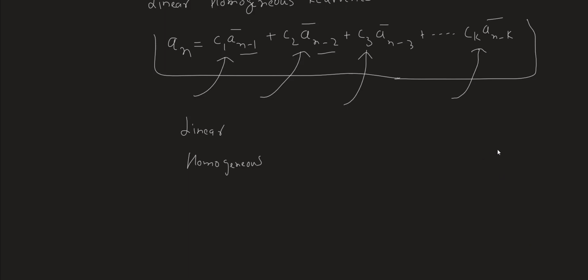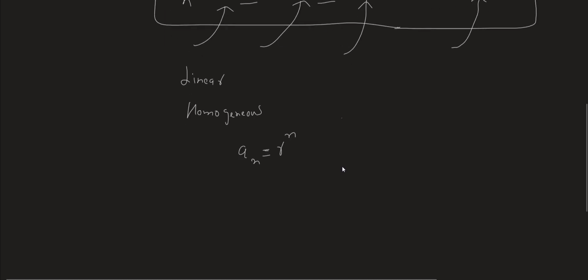Now, if you have to find the solution of this linear homogeneous recurrence relation, let's represent that with a_n is equal to r raised to the power n, where a_n is our recurrence relation and r^n is a solution to the recurrence relation.